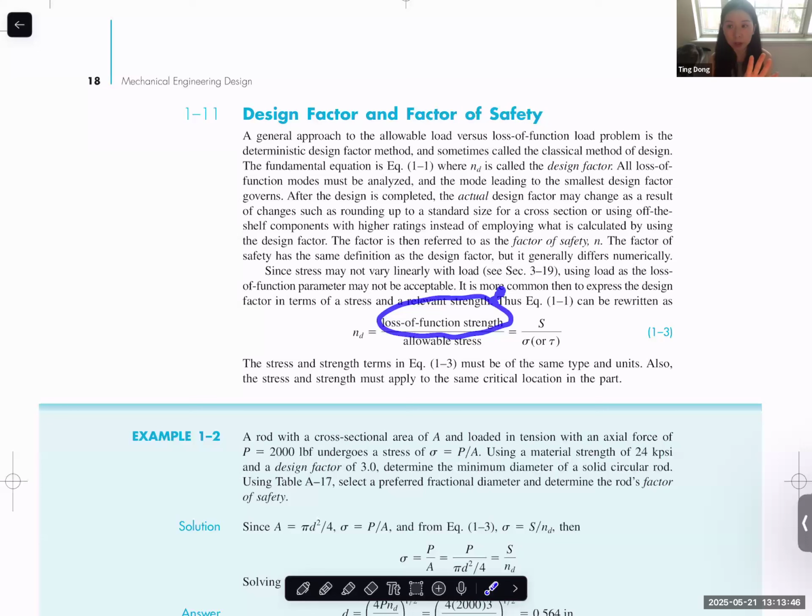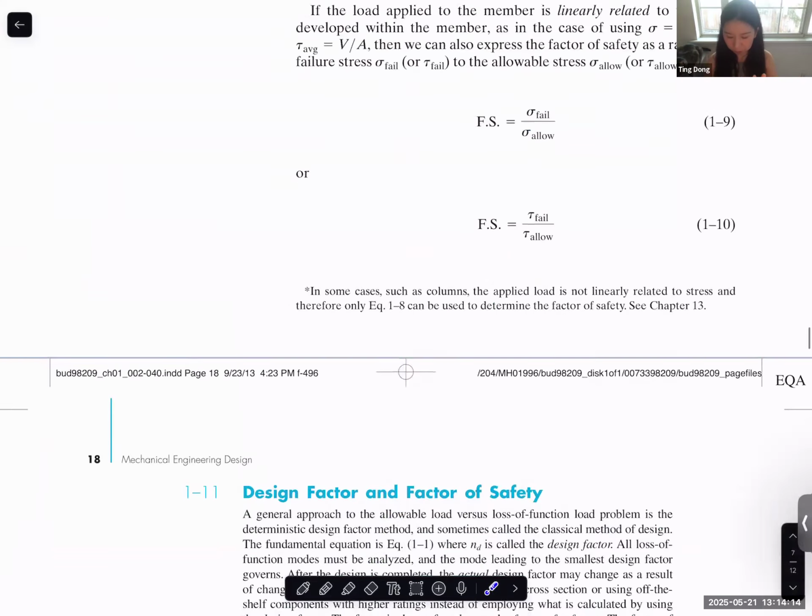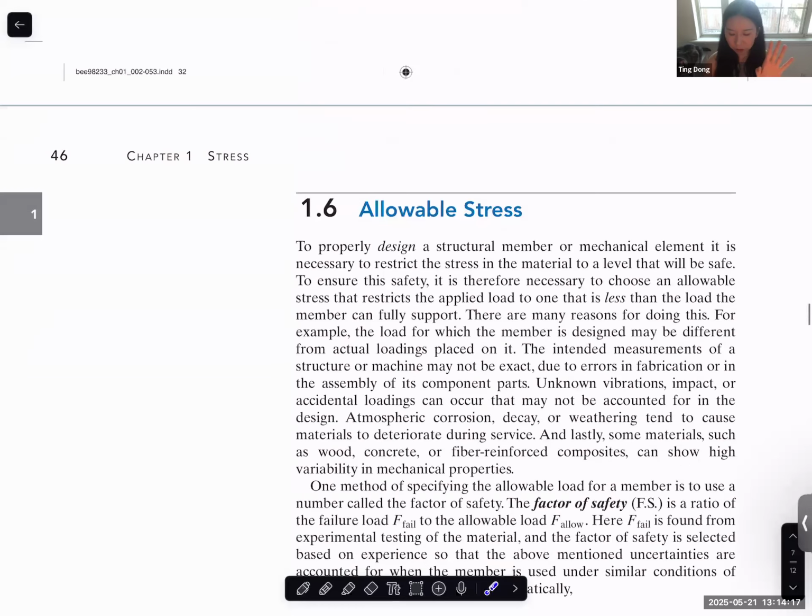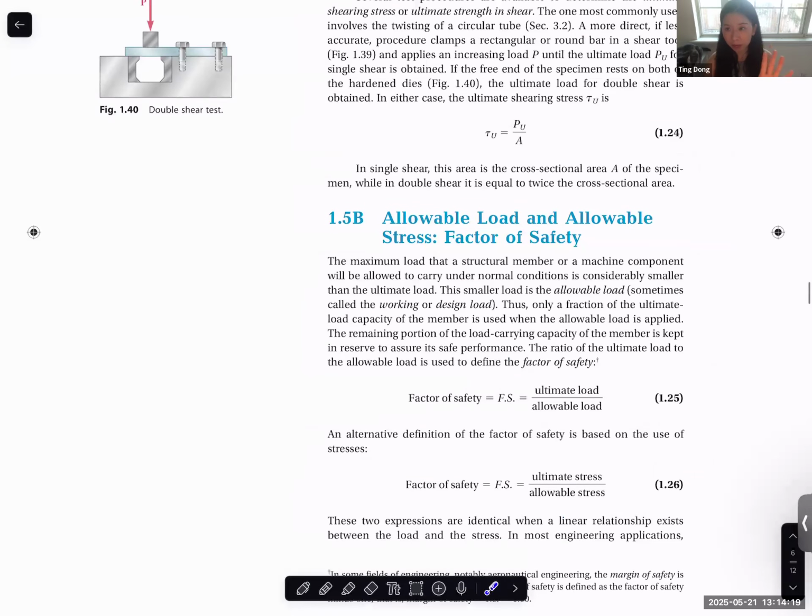It can be yield strength if you consider plastic deformation not acceptable. It can be ultimate strength if you consider plastic deformation fine for your application, right? And then the maximum stress, the actual maximum stress in the structure. They put it as allowable stress. It's a little bit confusing in terms of the name, but I think what it means is the actual maximum stress in the structure. So I think this definition is much more reasonable than the definition in the two versions of Mechanics of Materials.